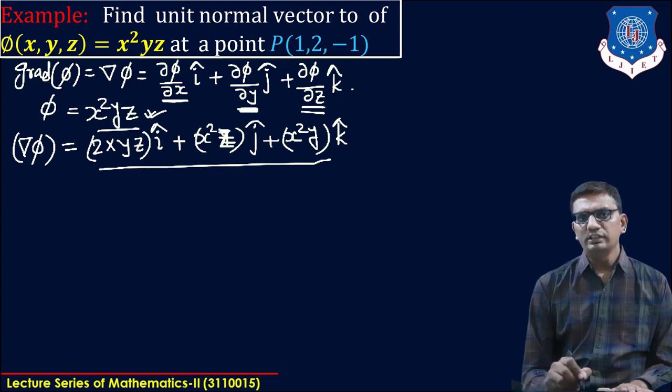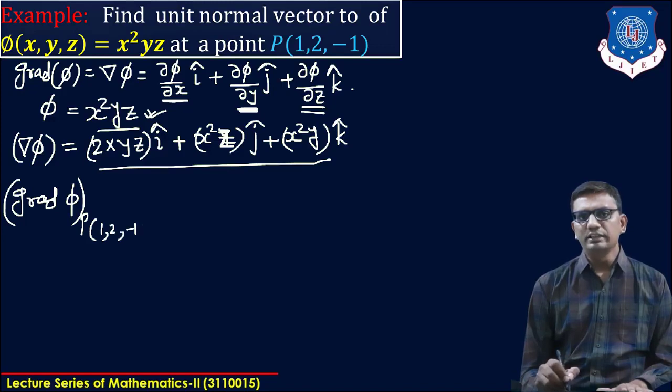Now we want to find the gradient at a particular point, phi at point P. P is (1, 2, -1).